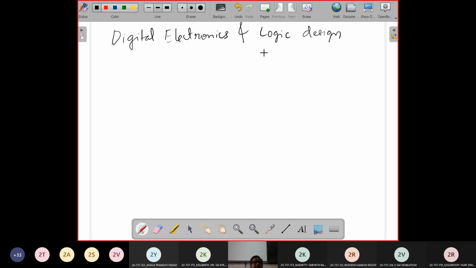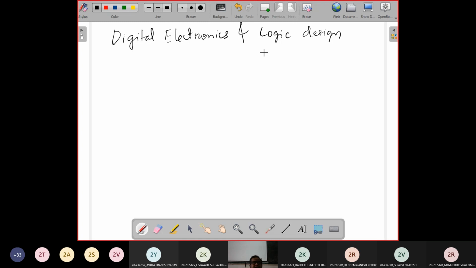Now, after understanding these complements, we went on to understand the representation of signed numbers or signed integers. We have seen there are three representations for negative numbers. The first one is referred to as the signed magnitude representation. The second one is the signed one's complement representation, and the third one is the signed two's complement representation.